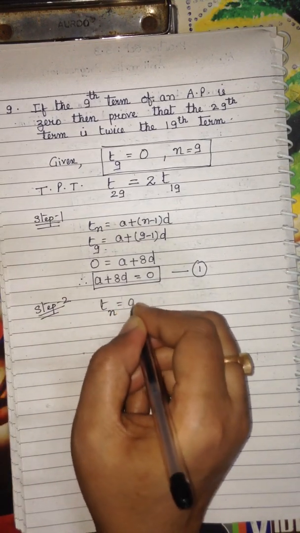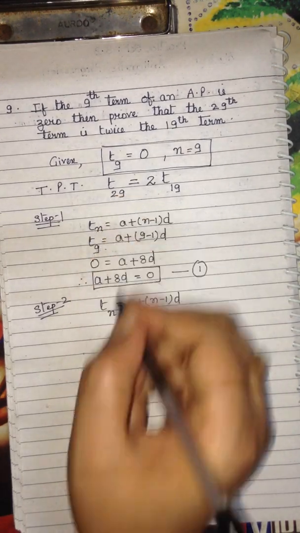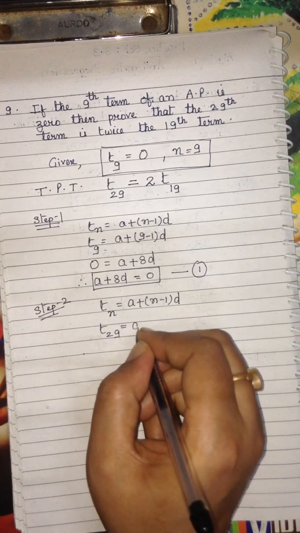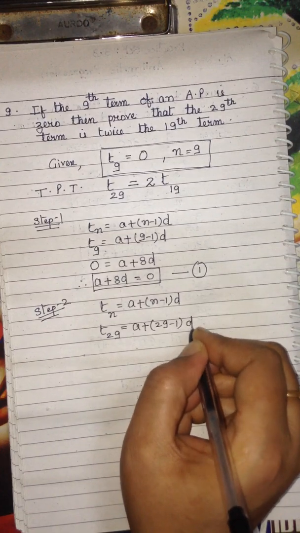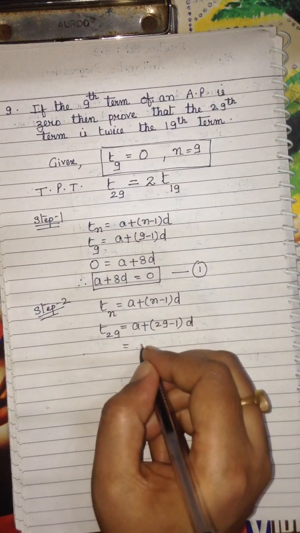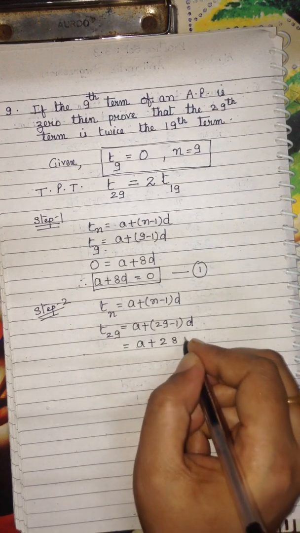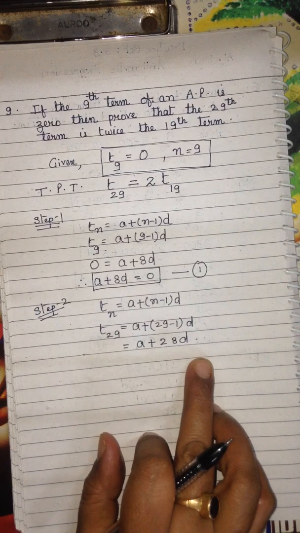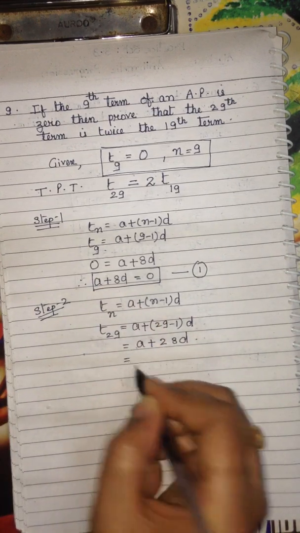Tn, again the general term. In this general term, first find T29, that is A plus 29 minus 1 into D, that gives us A plus 28D. And in this A plus 28D, if we put the value of A, what do you get?